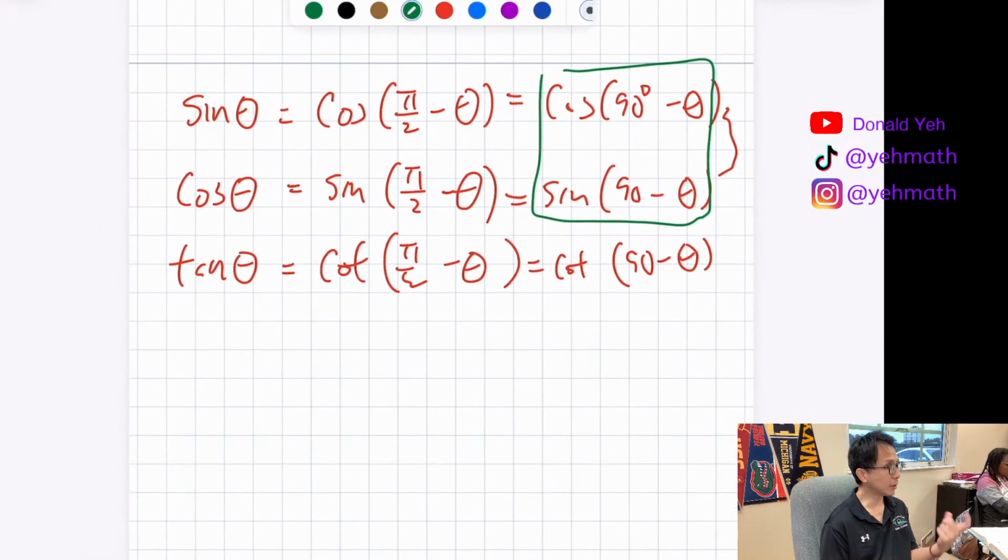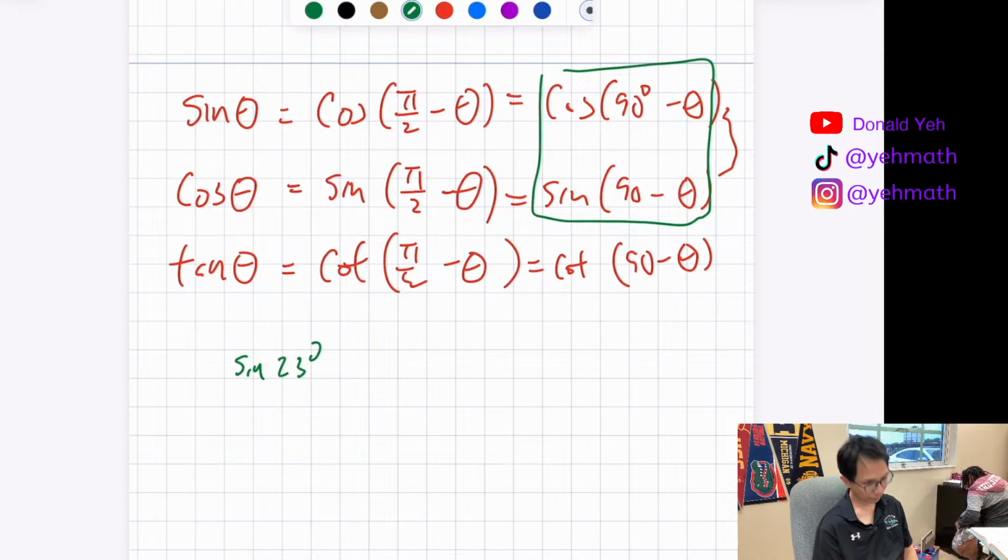You can just get your calculator out. Type in sine of 23 degrees. It's equal to what?